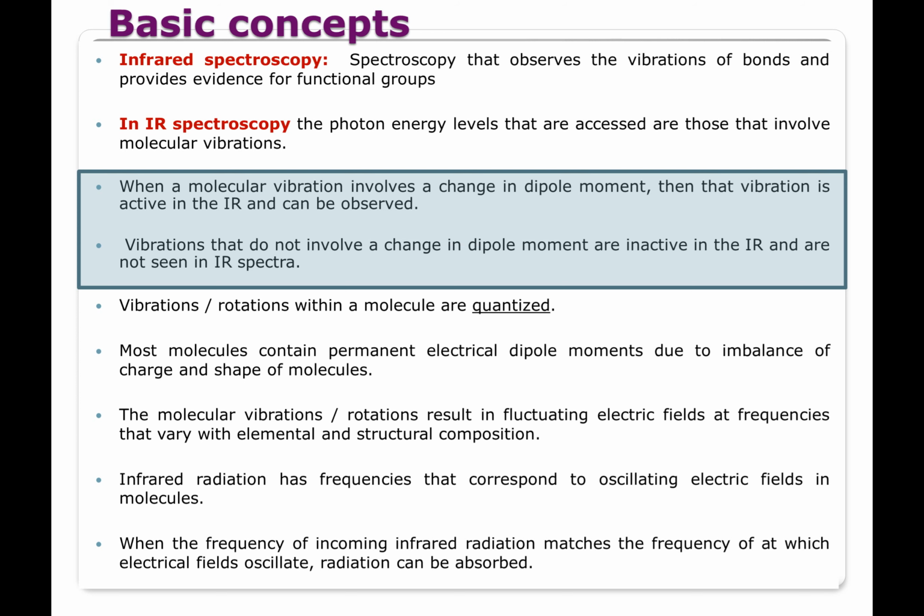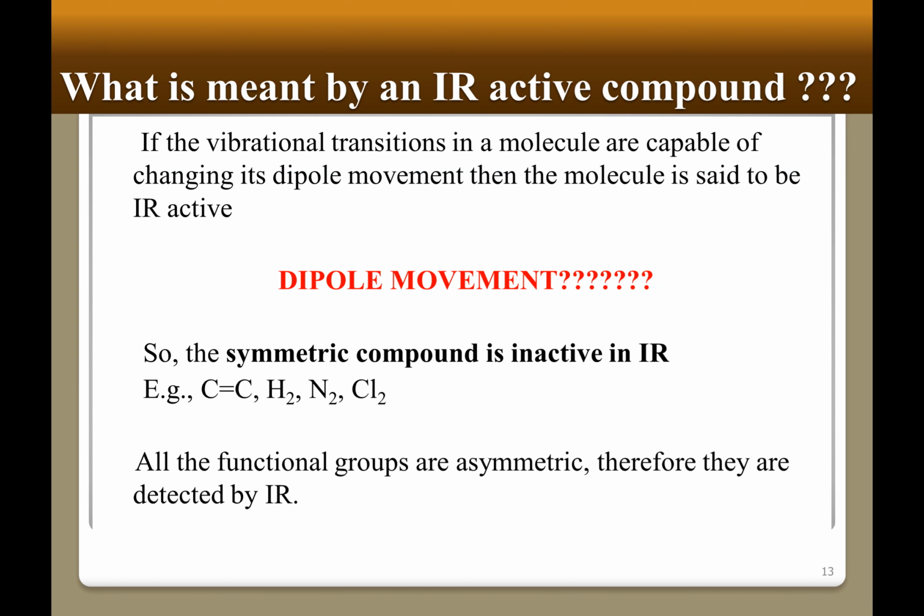What is important here is that when a molecular vibration involves a change in the dipole moment, it is active and observed. But if it doesn't elicit any change in the dipole moment, it is IR inactive and is not seen in the IR spectra. So if the vibrational transitions in a molecule are capable of changing its dipole moment, then the molecule is said to be IR active.